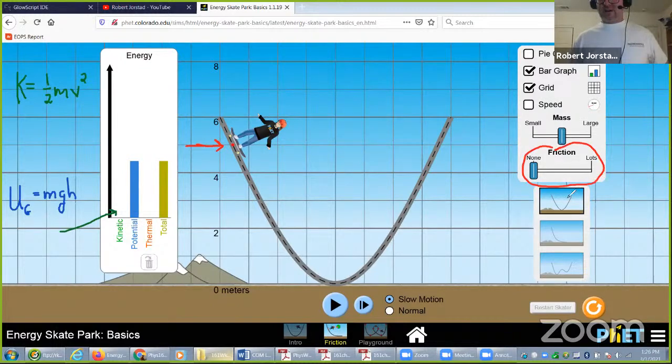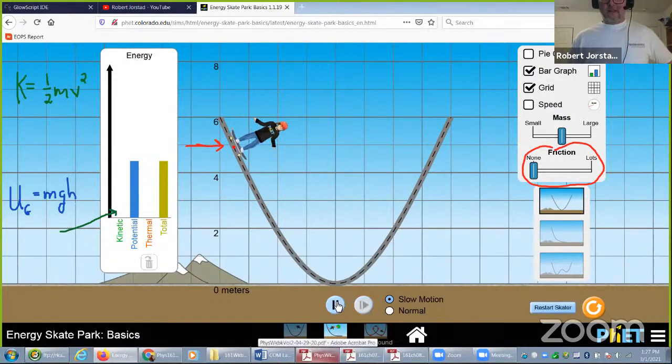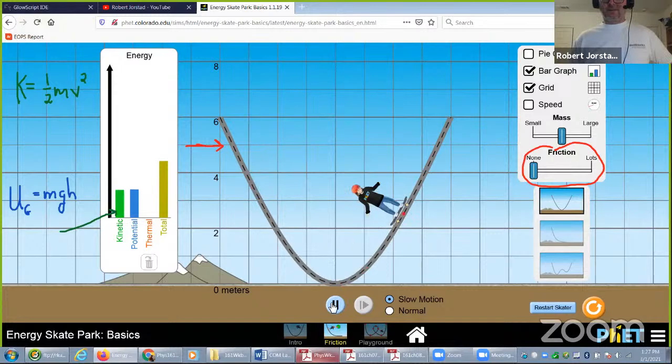There's no friction right now. When I run this one, how far should the person get to the other side? How high up should the person go on the other side? Same height. So this seems reasonable. Watch this. If I go right here, look at the energy bar graphs right now. I hit pause.